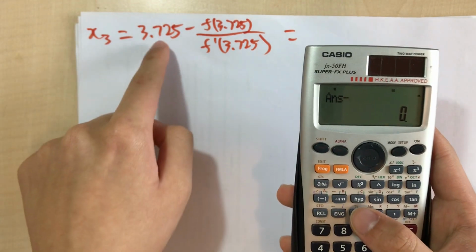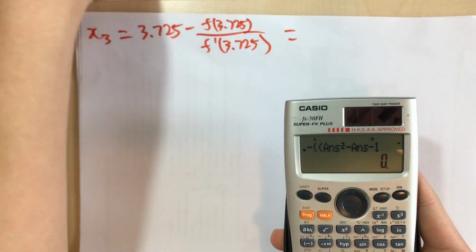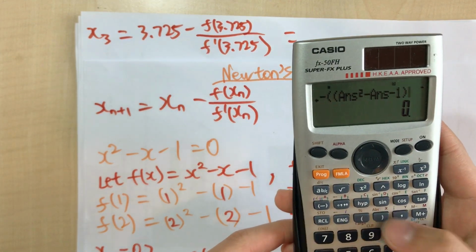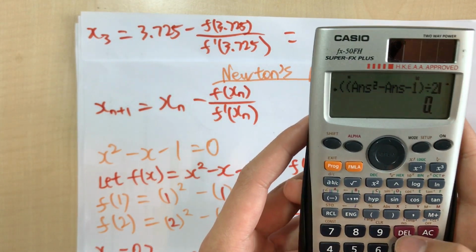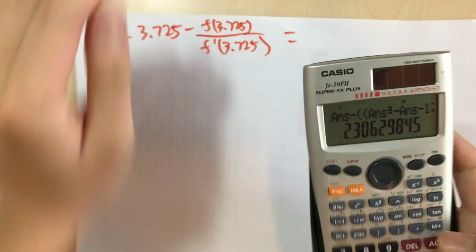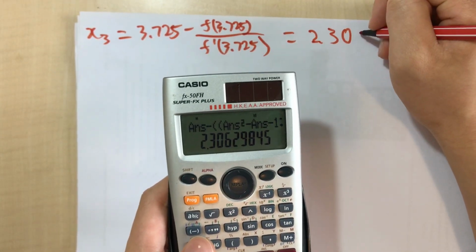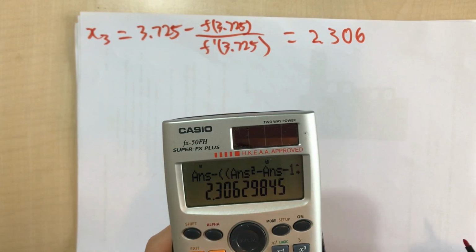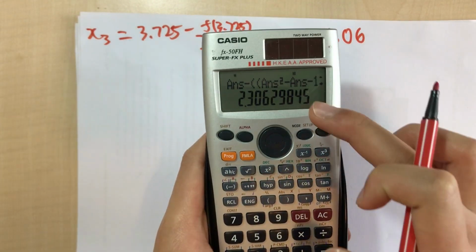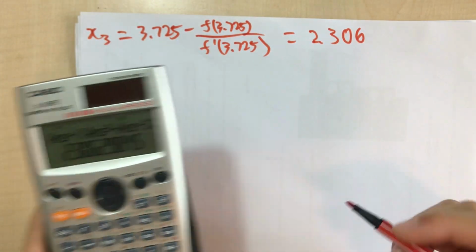So now we just input answer minus answer squared minus answer minus 1, because that's our f of x, and then divided by f prime of x, 2 answer minus 1. And then we get 2.306 approximately. And then we don't need to input again. We just press enter. This answer is now covering the previous answer, so it will keep on iterating.